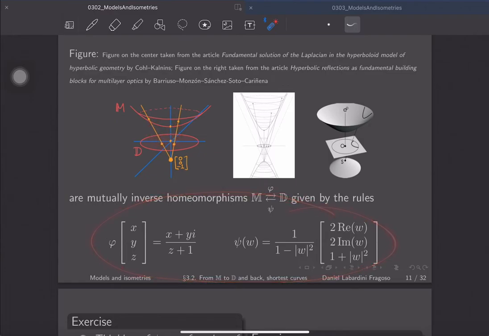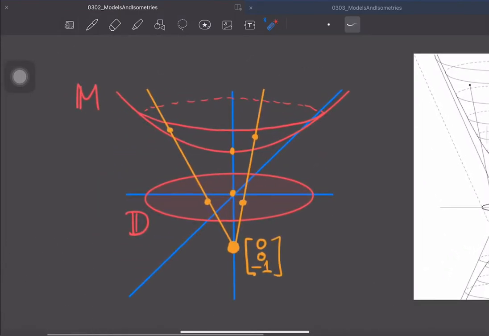Yeah, and I mentioned that it's the same strategy as one uses in the case of the unit sphere and C bar to obtain explicit formulas. Let's say that I want to go from D to M. I take this point, so I consider this vector, and then I'm looking for a real multiple lying on M. This condition gives me a linear equation from which I can obtain what real multiple I have to take.